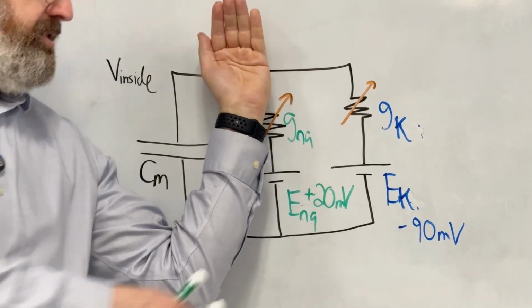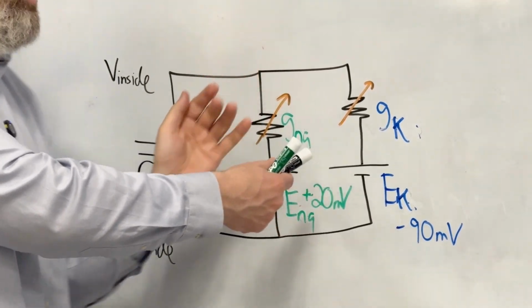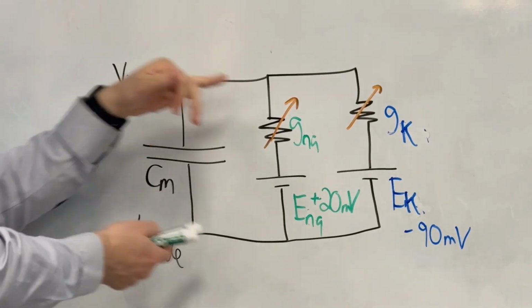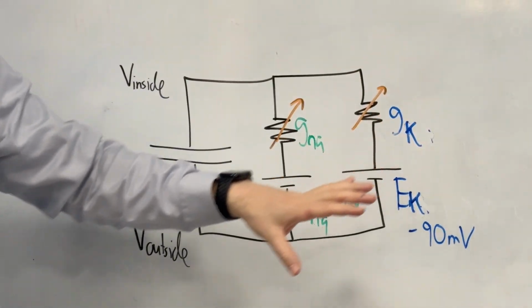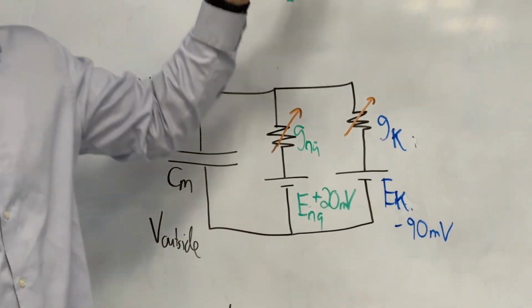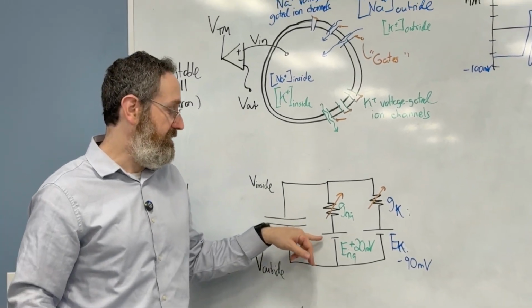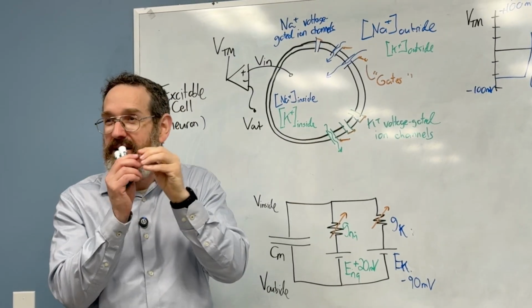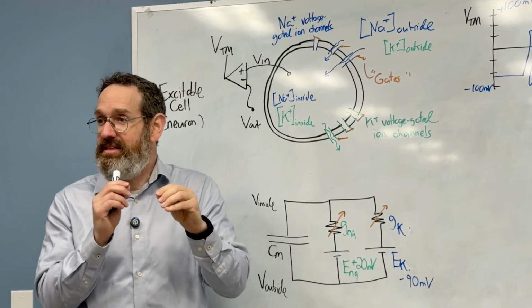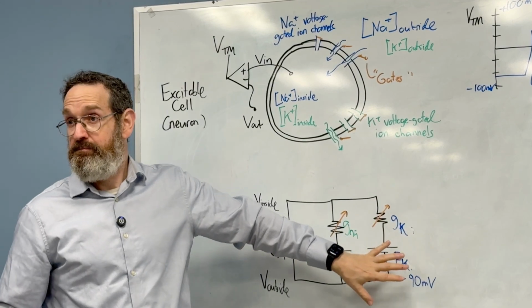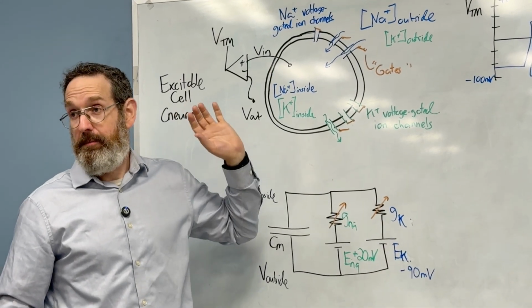And now the membrane potential is simply set by EK. And when both conductances are in play, we're going to be somewhere in the middle, right? And I've said before, if you go inside a cell in your body, you will not find a capacitor like this. You will not find a little 9-volt battery, and that doesn't exist. This is simply a model, right? But this model does a very good job.